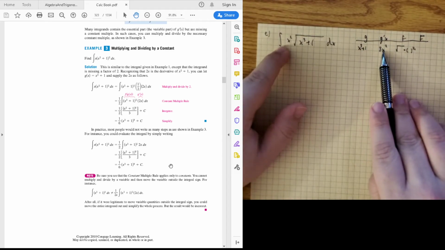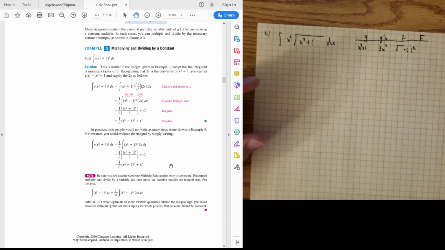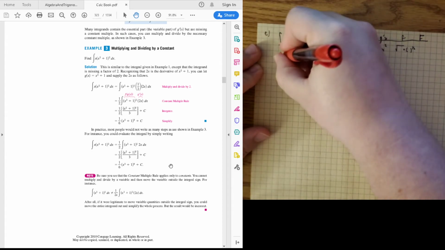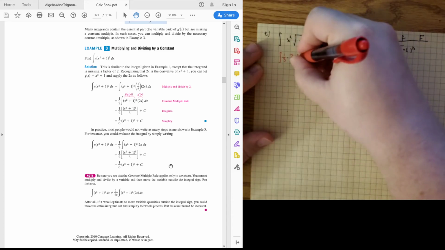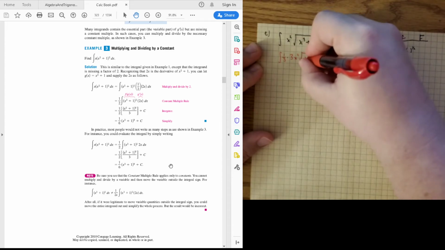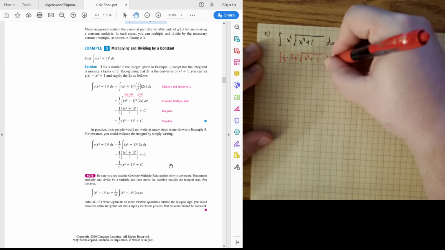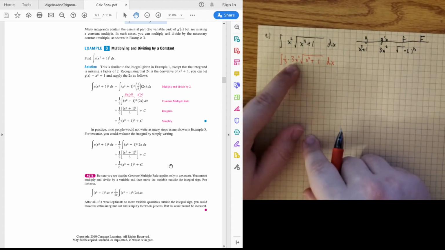I have x squared. I'm supposed to have 3x squared, but I'm going to fix that using the same trick I did before. Instead of writing x squared, I'm going to write 1/3 times 3x squared. This does not change the problem. It just rewrites it. The 1/3 and the 3 combine to a total of 1 when you multiply them.